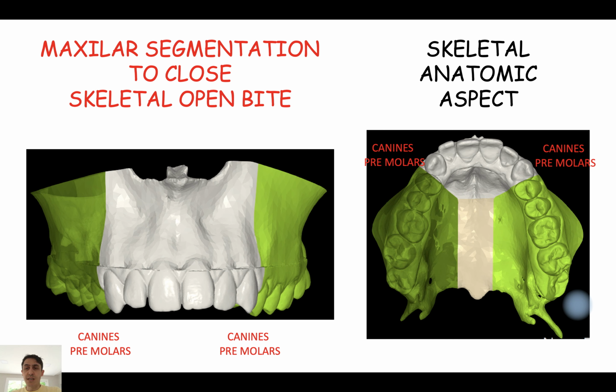Added to this sagittal movement, I would like to mention the maxillary segmentation that was carried out between canines and premolars because of the skeletal anatomic aspects of that open bite. It is a skeletal open bite, and because I did the procedure between the canines and premolars, I could get ideal final occlusion.